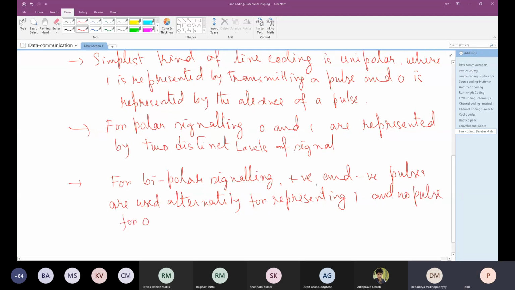This alternation of positive and negative pulses is done to combat the successive occurrence of 1. If there are successive occurrences of 1, there could be some residual level shift. To combat that, it is switched between positive and negative pulses corresponding to the transitions from one bit to another.